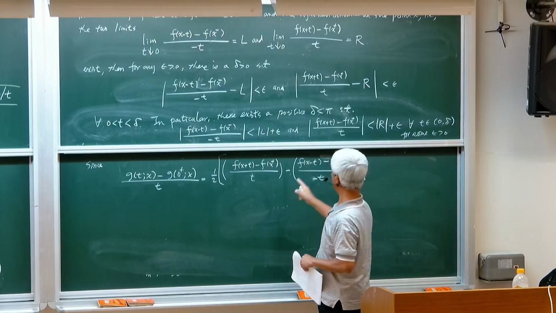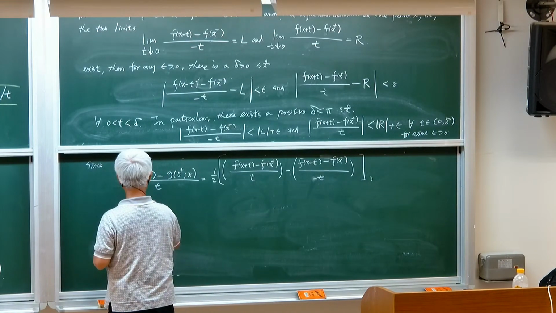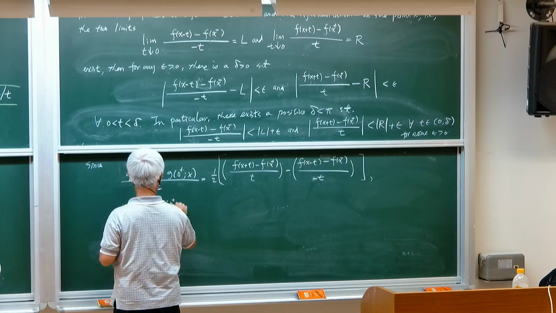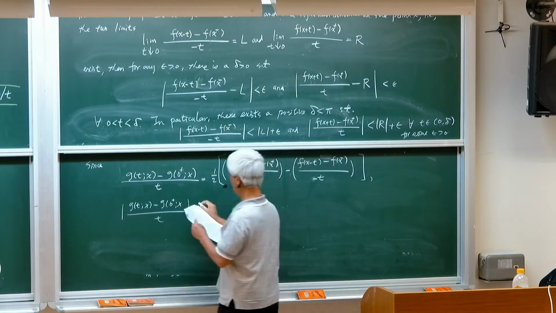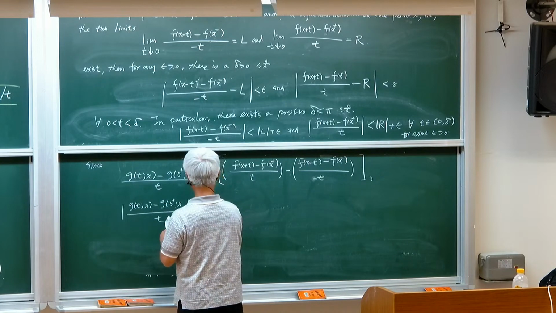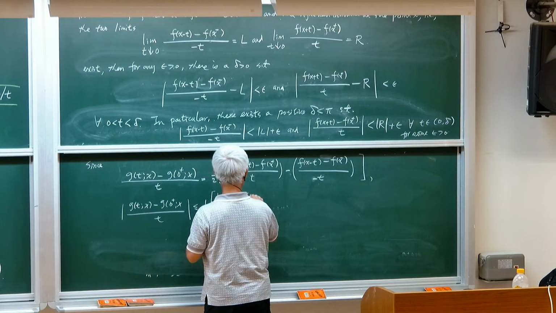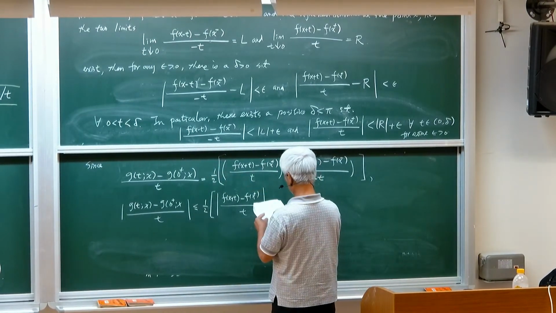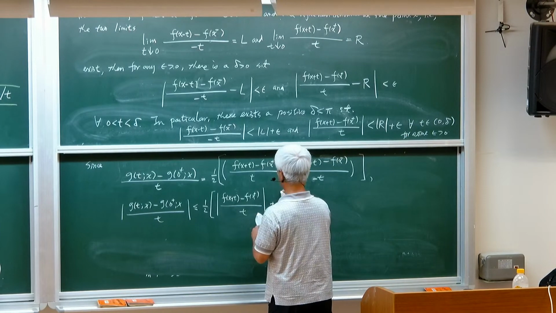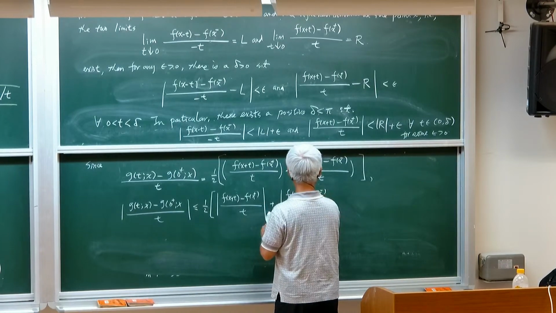Okay? Right. So the absolute value of this function will be less than or equal to 1/2 of the absolute value of (f of x plus t minus f of x) divided by t, plus the absolute value of (f of x minus t minus f of x) divided by minus t.